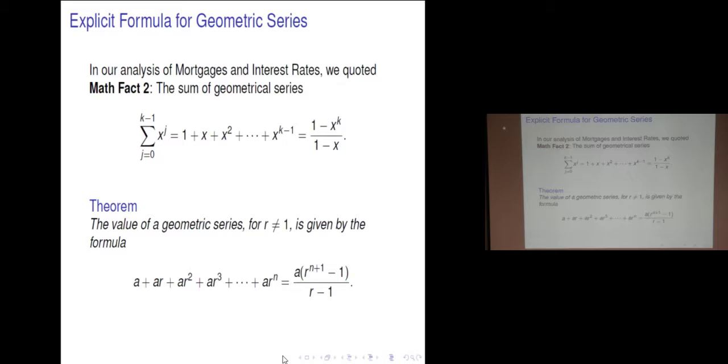In the concrete example, a is 1, r is x, and n is k minus 1. So you don't need to look at a. The n is k minus 1. So this is x to the k minus 1 divided by x minus 1. So we get this.